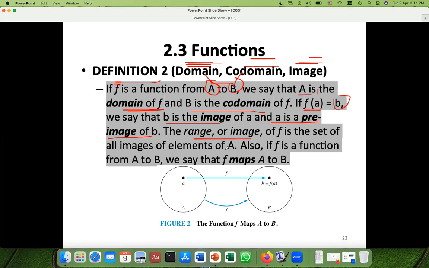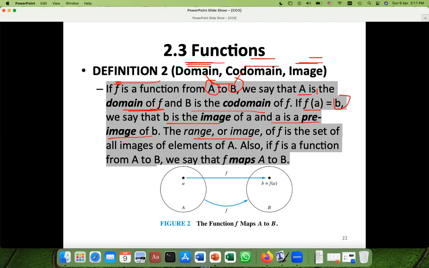Image is something giving a meaning that it is only one thing. So if you are getting one element from set B for an element of A, you can call B the image of that. But if you call that the range of that element, that is also okay, but it is a little bit confusing.